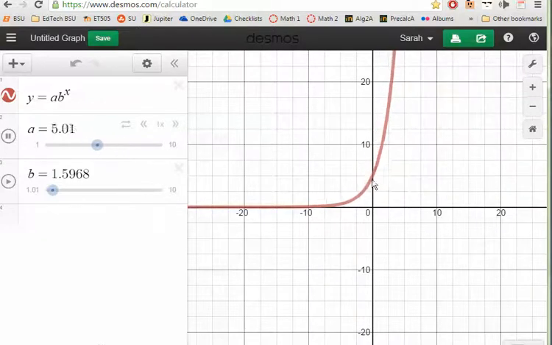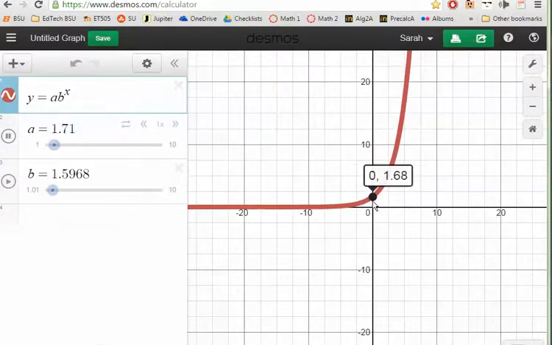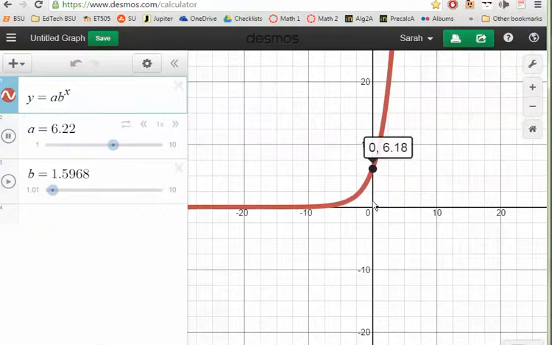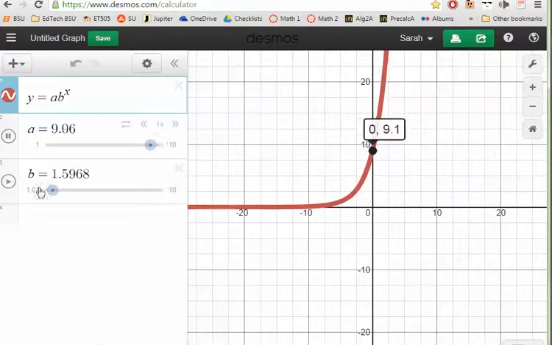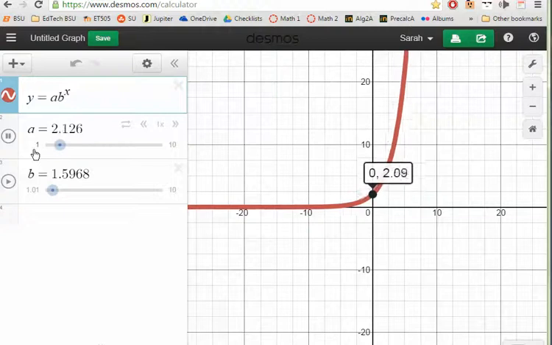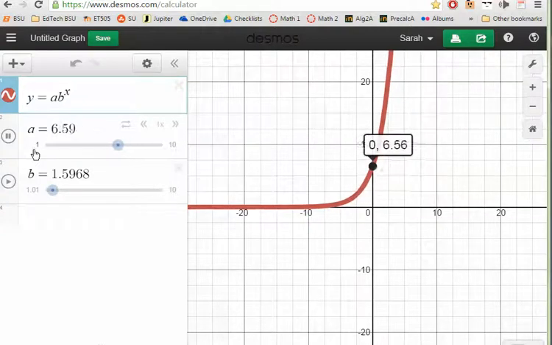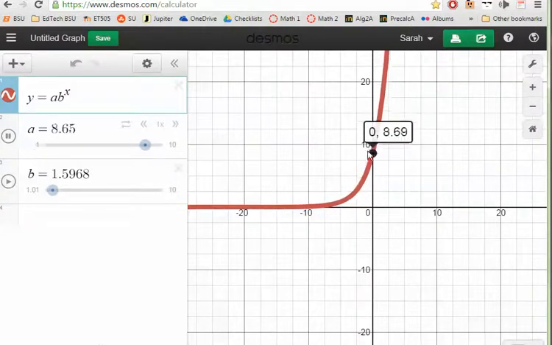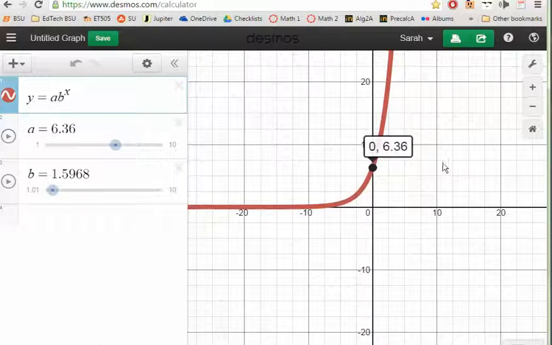It kind of looks like it's being pulled up. We know from our understanding of transformations that the value of a, if it's greater than 1, which it is right now, will do a vertical stretch, which is what's happening. But if I pause it, if you look at this point right here, which is our y-intercept, that y-intercept of 6.36 is the value of a.